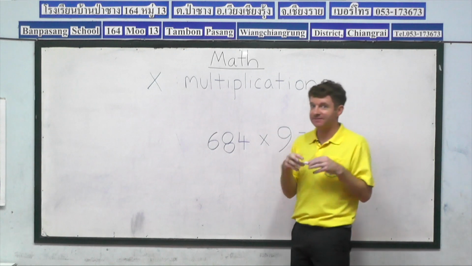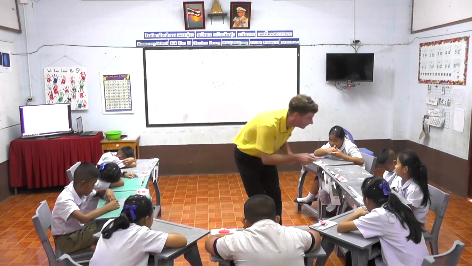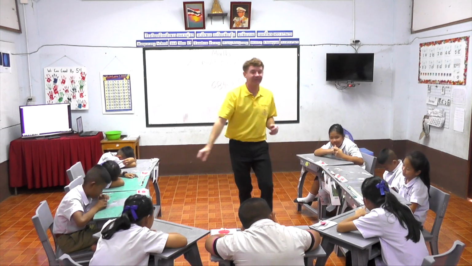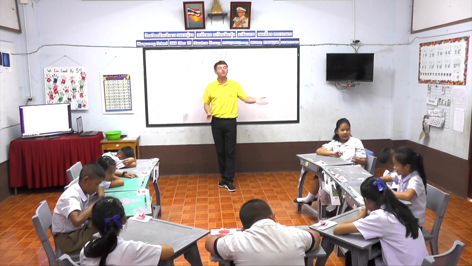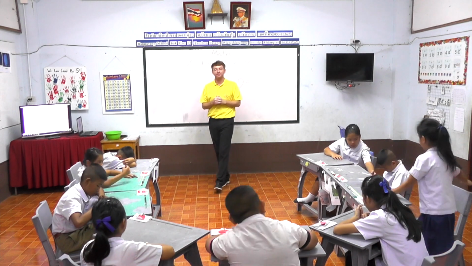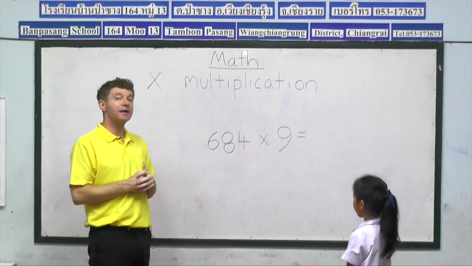Okay, so now let's see which student can come forward and work out this problem. Okay, and now the pen is with Prel. So Prel, can you come and join me at the front of class, please? And Prel will demonstrate how to answer this multiplication problem.